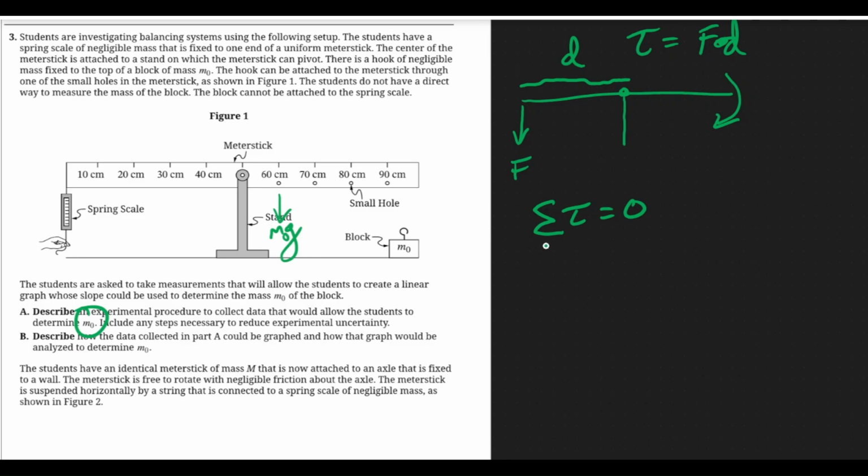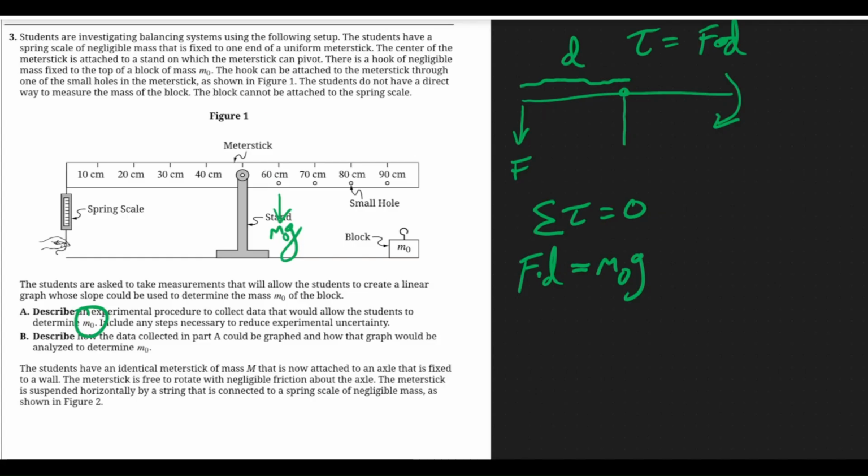And so I have my force right here times my distance. That's going to be equal to the mass that I'm looking for times g times my different distances right here.